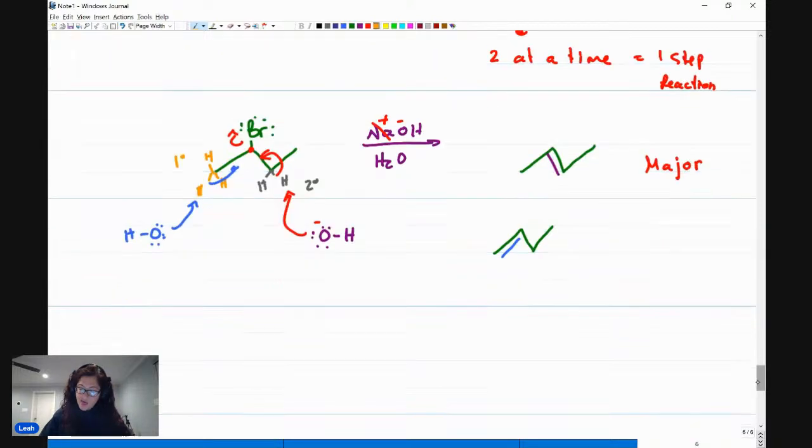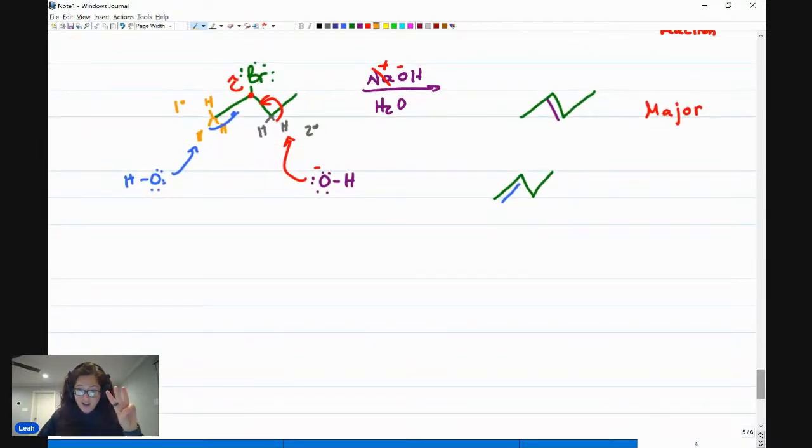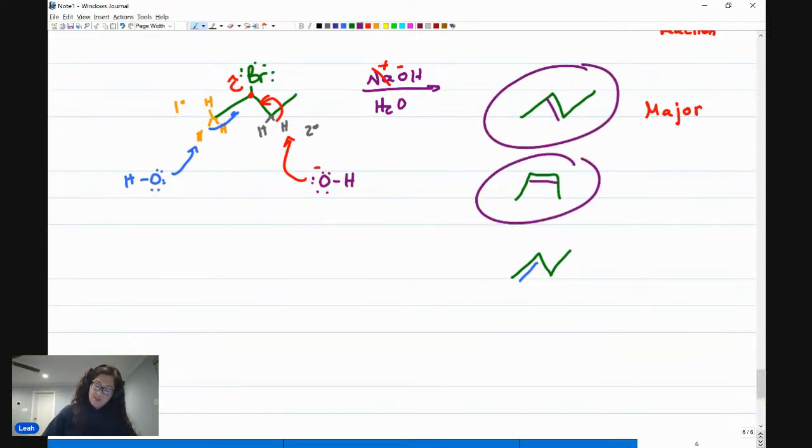But we have a third product here. We don't have another hydrogen to grab, but what could have happened is the molecule could have twisted and rotated. That means we could have just as easily formed the pi bond looking like this. Di-substituted, mono-substituted.